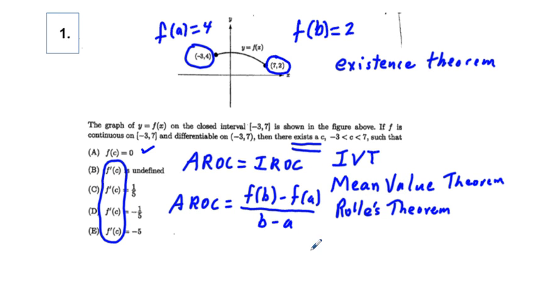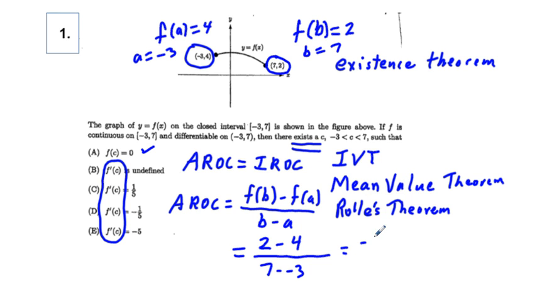And so what we have is 2, which is f(b), minus 4, which is f(a), over b minus a, and here b is equal to 7, and a is equal to -3, so b minus a is 7 minus -3, which simplifies to -2 over 10, which simplifies to -1/5.